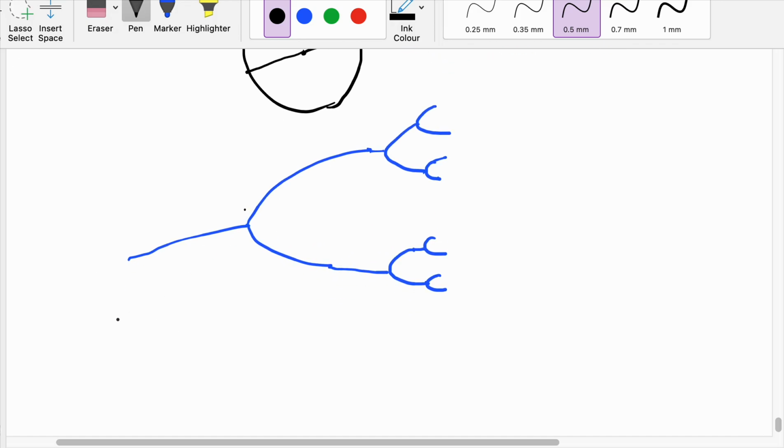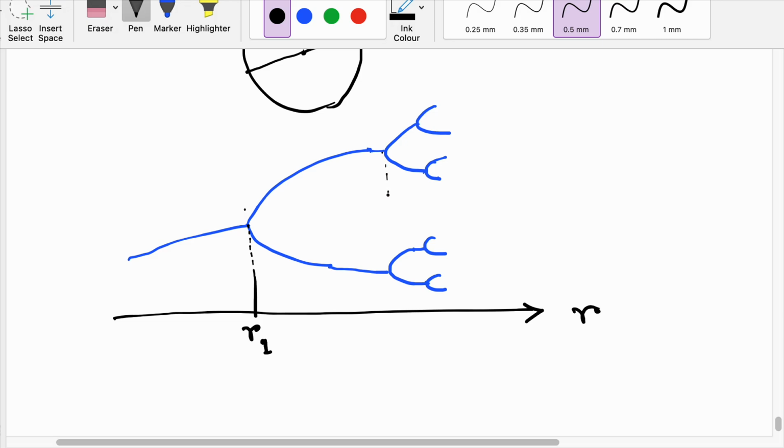Suppose this is the r axis: the first period doubling happens at r1, the second at r2, and the third at r3. We actually know these values for the logistic map, so let me rewrite them.